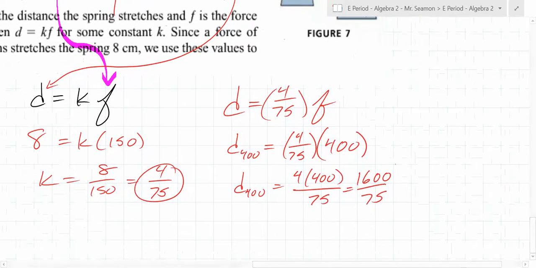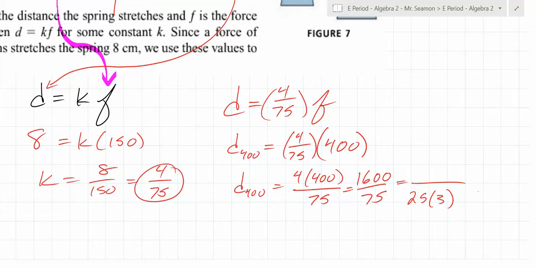Can anybody do that in their head? Let's practice this. What's the greatest common factor of 1600 and 75? What's a nice factor of 75? 25. So that's 25 times 3, right? How many times does 25 go into 100? 4.